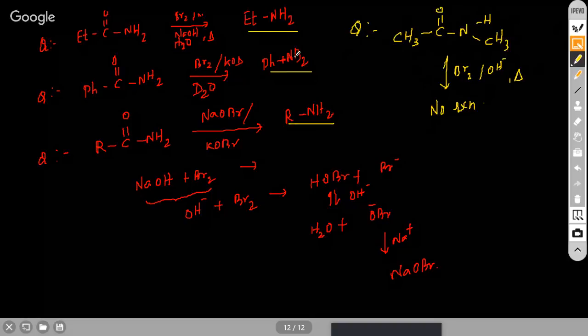But in all these reactions you see, we are getting 1 degree amine. Hofmann bromamide only gives you 1 degree amine. It never gives you 2 degree amine. So for Hofmann bromamide reaction, this nitrogen must contain only hydrogen. We should not have any alkyl group present over here. Understood my point? It's fine because Cl may come out, but we should not have any alkyl group attached with this nitrogen, because these methyls, ethyls, any alkyl groups are not a good leaving group. Understood?